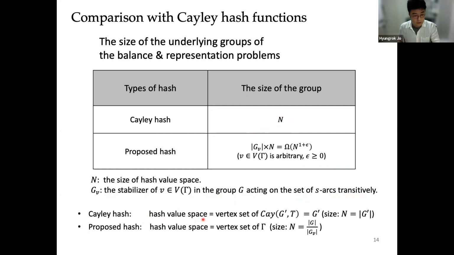In the case of Cayley hashing, the hash value space is exactly the cardinality of the group. But for our proposed hash, it is the cardinality of the given group over the cardinality of the stabilizer. So if we fix the size of the hash value space, then we should take a larger group, and then we can make more complexity.